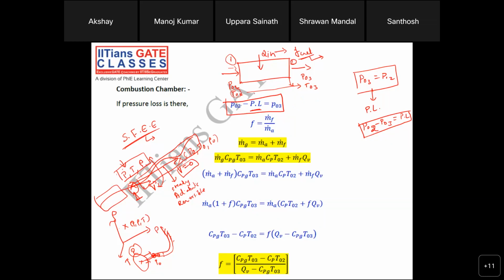So now the energy equation is what we are looking for. What is the first law of thermodynamics basically? What is the physical principle or thermodynamic principle which governs the first law of thermodynamics?